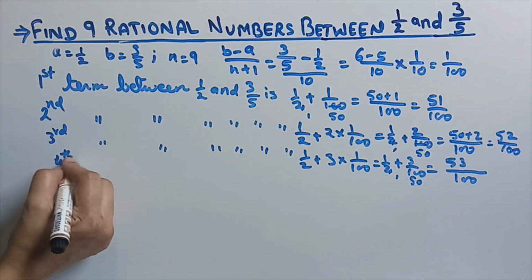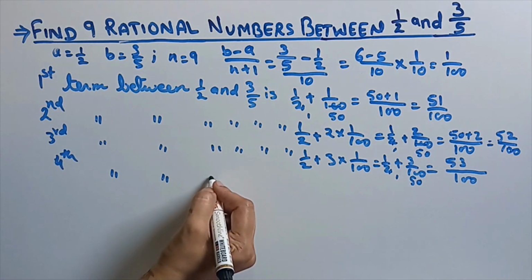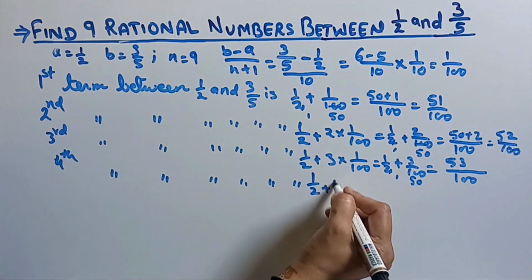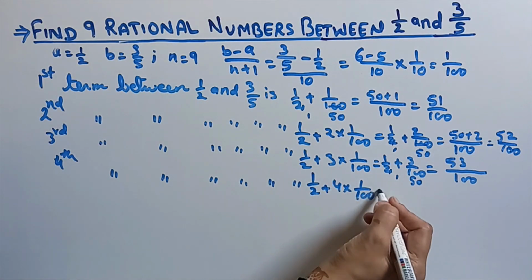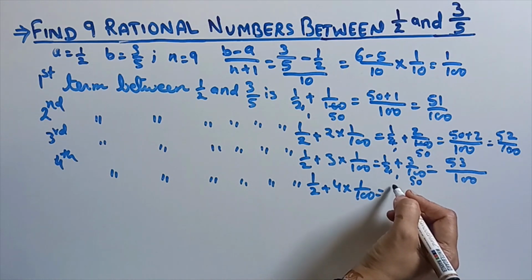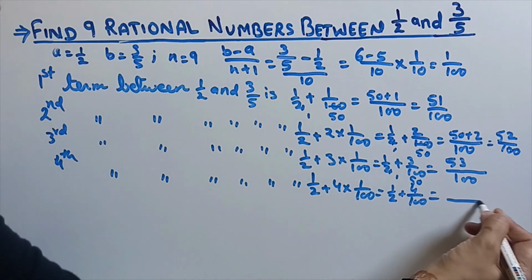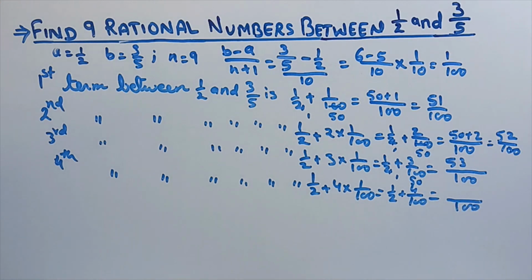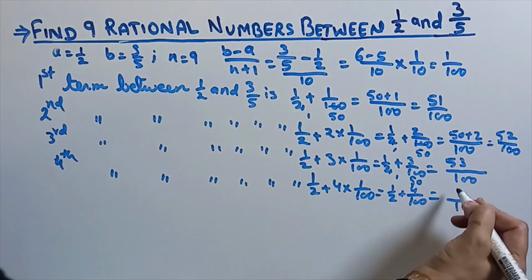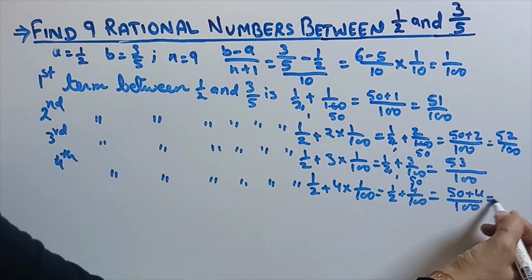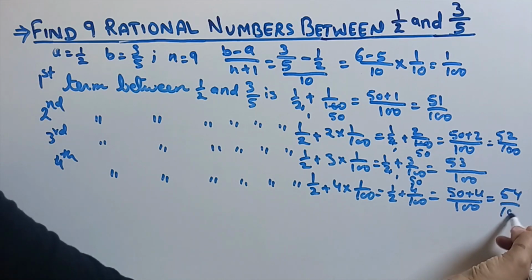Now fourth term between 1 by 2 and 3 by 5 is 1 by 2 plus 4 into 1 by 100. So this will become 1 by 2 plus 4 by 100. 100 comes in the denominator. Now I have to multiply 50 plus 4. So this is 54 by 100.